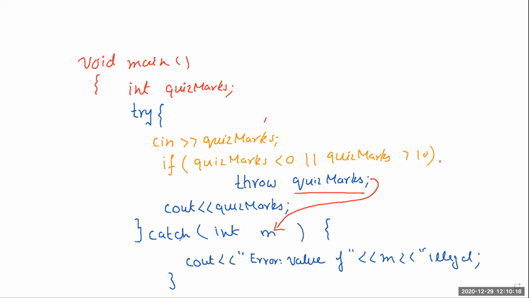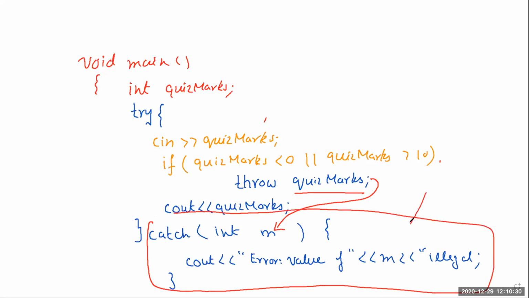The catch block is responsible for execution when there is an error. First thing you should remember is that this catch block, which I'm highlighting in red, will execute only if there is an exception. If there is no error, this will never execute, right? Because if there is no error, we don't need to tell the user there is an error.